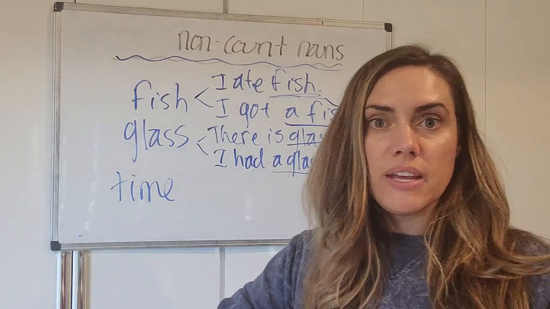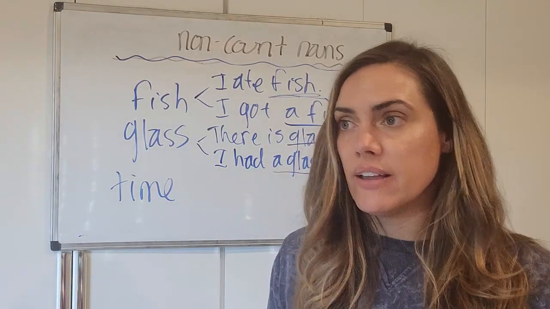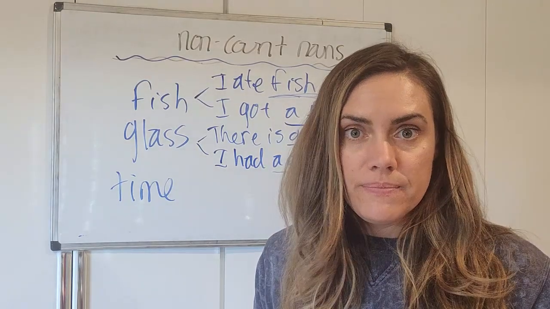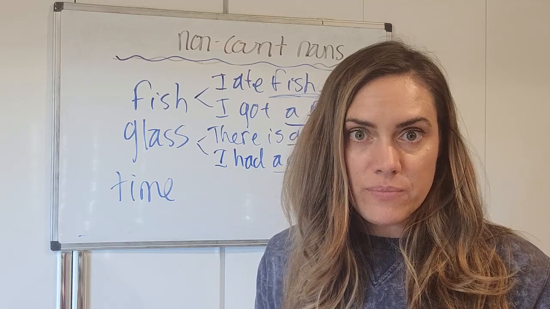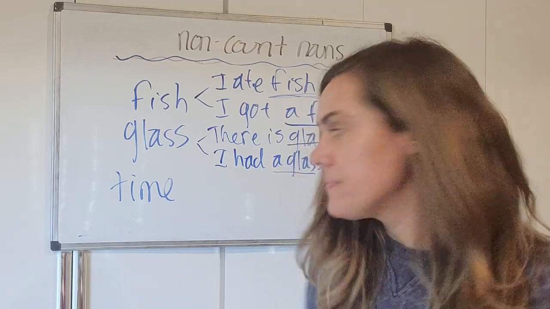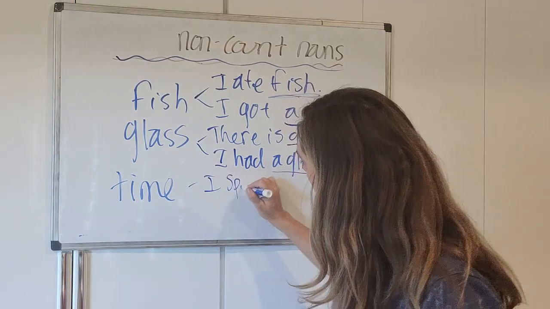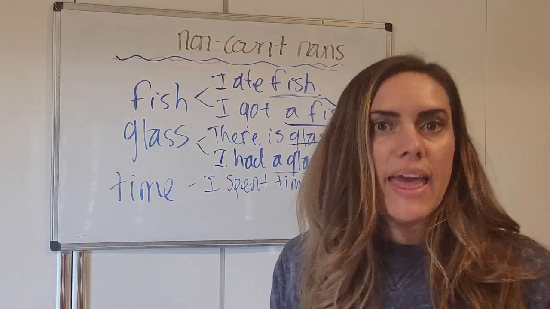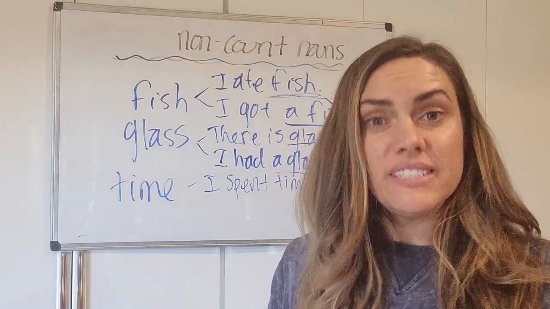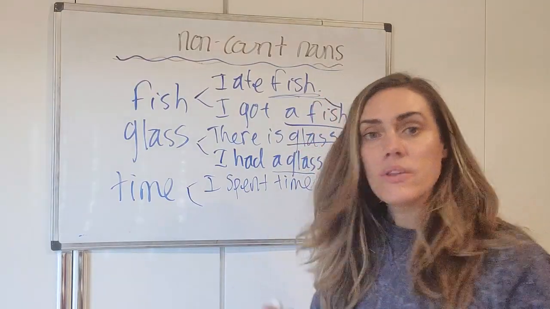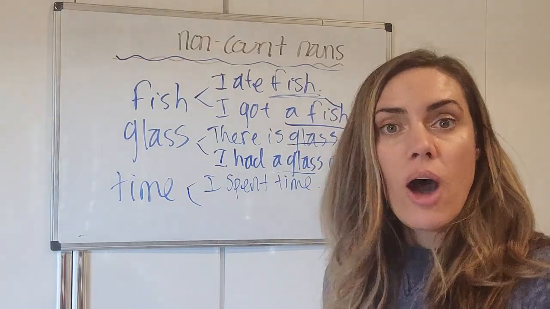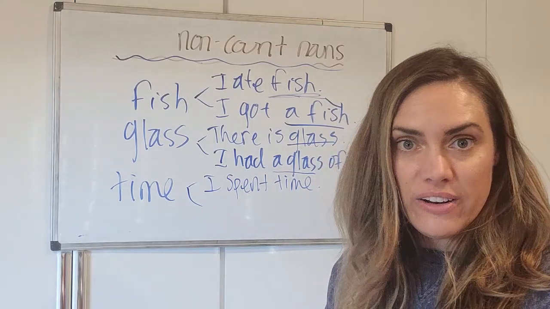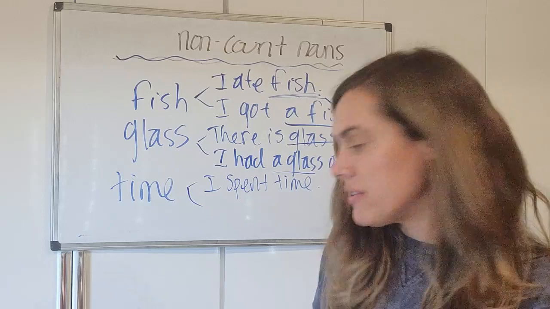It changes here. And here with time. Time can be something that is non-countable, right? Like I can say, I spent time working today, right? I spent time. You can't say I spent a time. It's I spent time. But when you want to talk about how many times you've done something or gone somewhere, it can be countable.